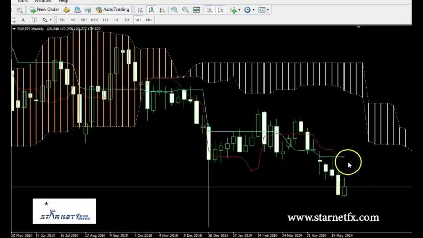And if after it forms, the red Tenkan has crossed below the Kijun, we have a short trade because price is also below the cloud. Now, if we wanted to add one more layer of discipline and security onto our trading, we can go ahead and add the Chikou span here if we wanted to.